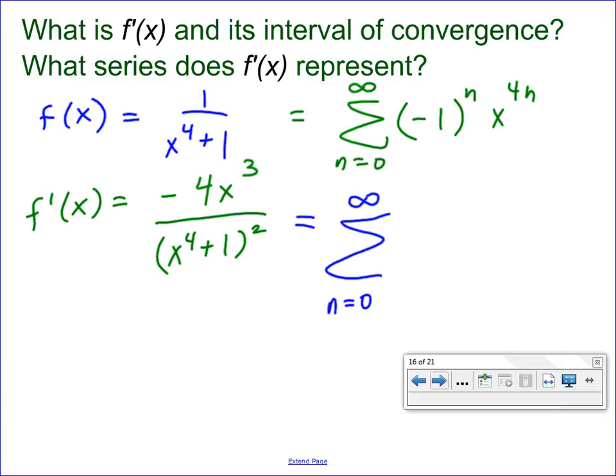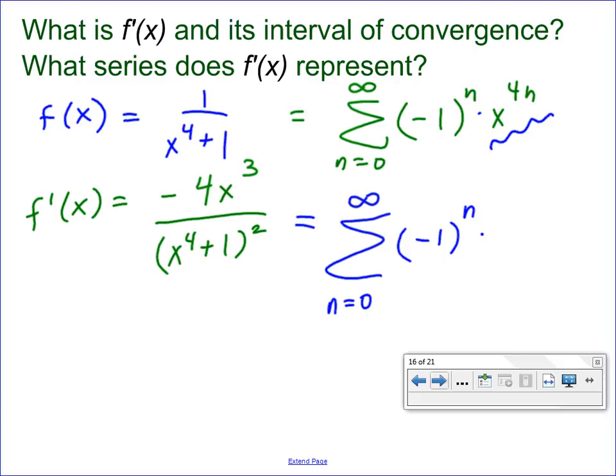n equals 0 to infinity of, how are we going to do this? Well, that's just a constant multiplier, so my derivative will still have negative 1 to the n in it. Yes? And then what will this differentiate to? And what will that differentiate to? Riley?